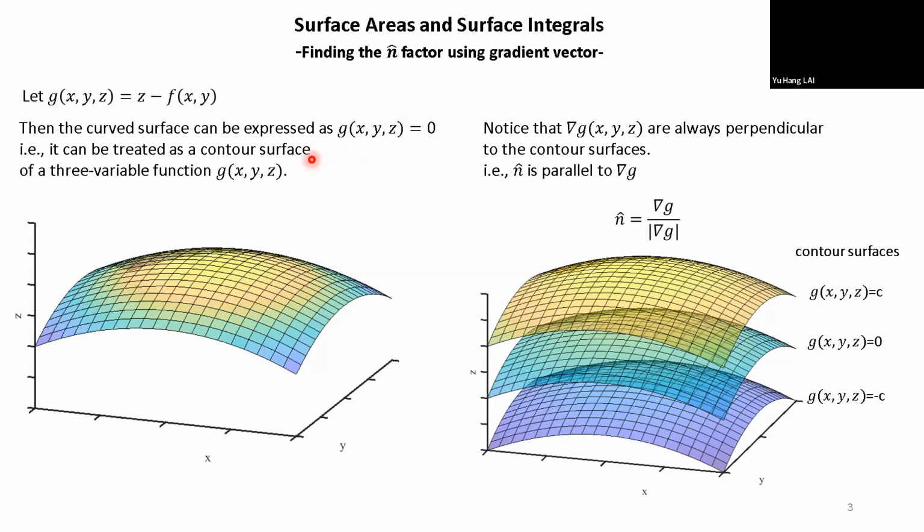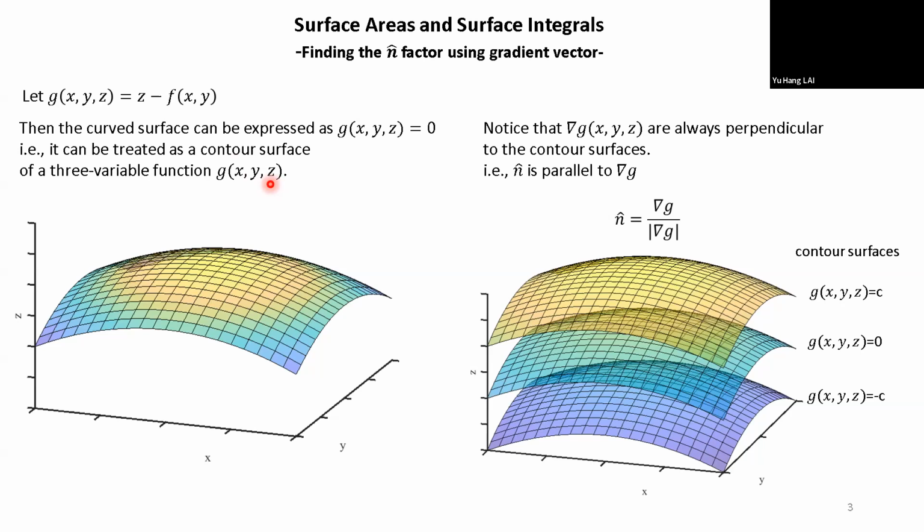Here the idea is that I have this function g(x,y,z). If I set this function to be a constant, that means this can be treated as a contour surface of a three variable function. So this is a generalization. A curved surface is obtained by setting a function to a particular value.